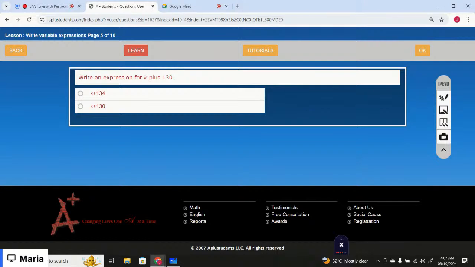You need to add them. So that is k plus 130. Option number 2 is the correct option.